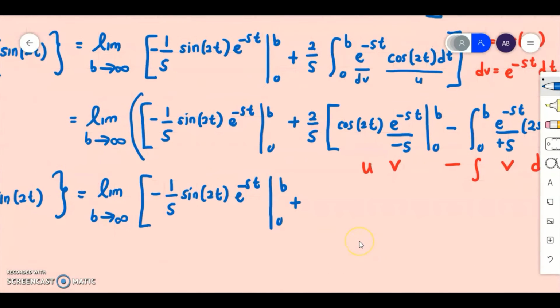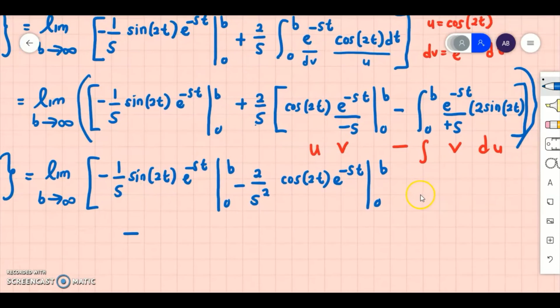So we have s and a negative sign. So I just say be careful. Okay, so I have negative 2 over s squared cos 2t exponent negative st. Take out s and s squared and negative. This is from 0 to b. I'm going to write minus here. Minus.